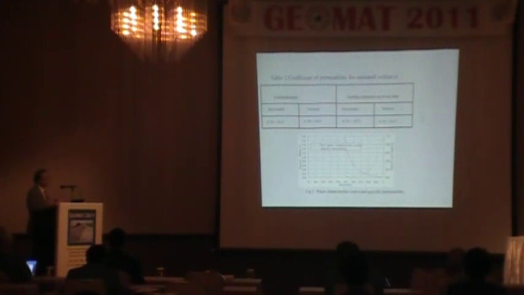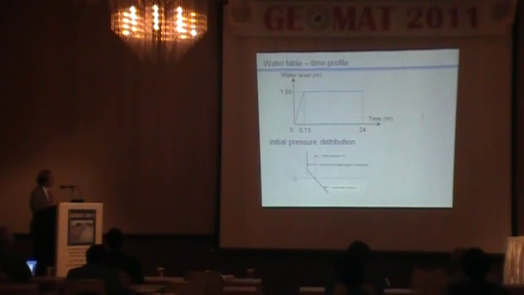This is the usual manner, because of the stability of the embankment. So there is a hundred times smaller value for the surface. This is the water level time profile.